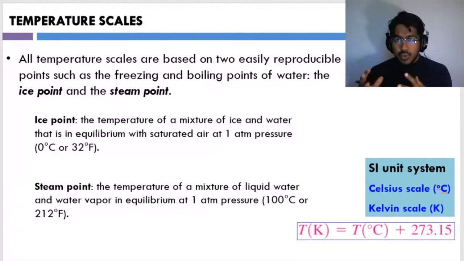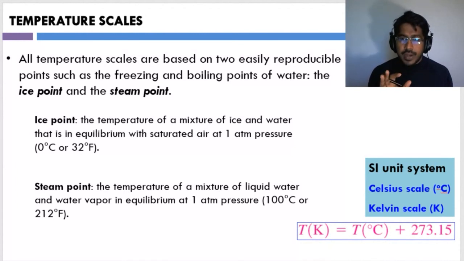So now you have something you can replicate at UBC or UBC Vancouver or somewhere else in the world. If you maintain 1 atm pressure, and you see that liquid water and steam are in equilibrium, then you can say that is the steam point. Similarly, you can replicate the ice point as well.